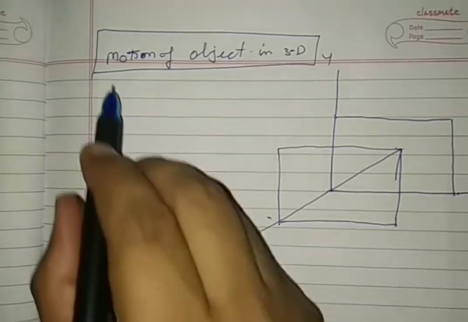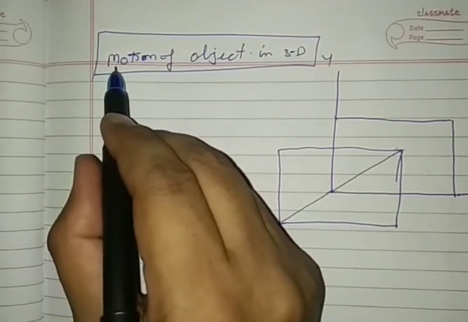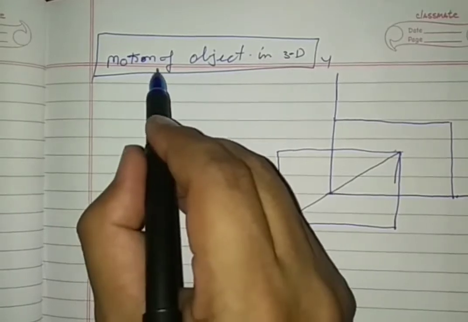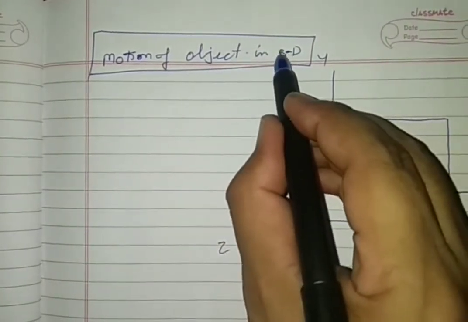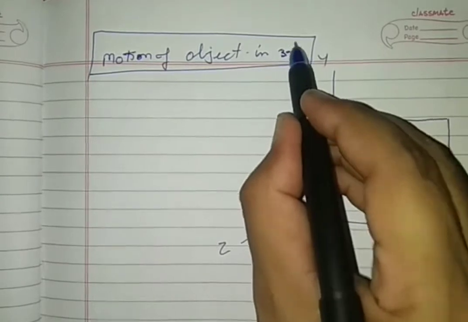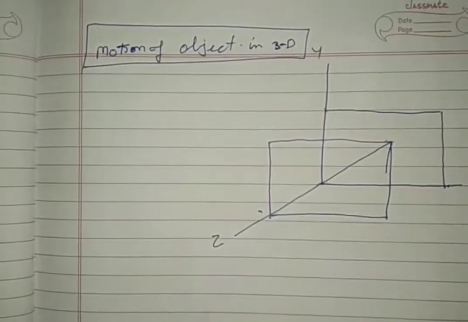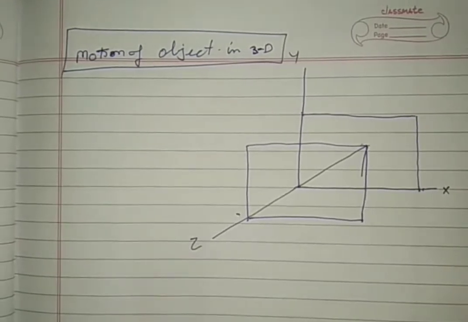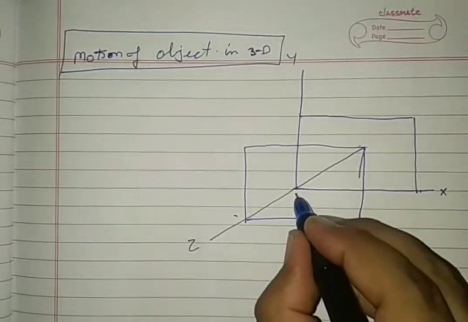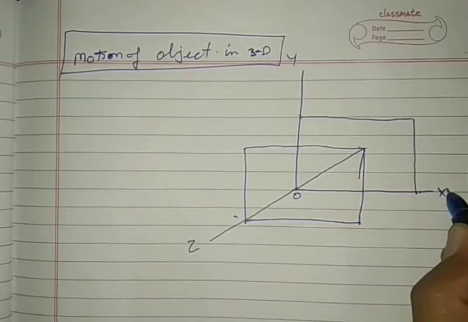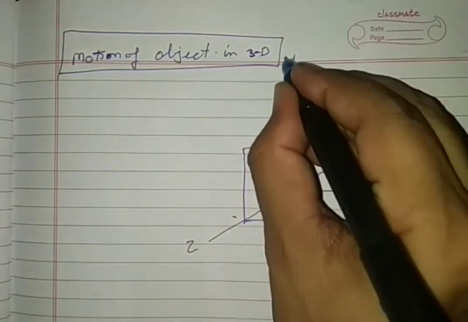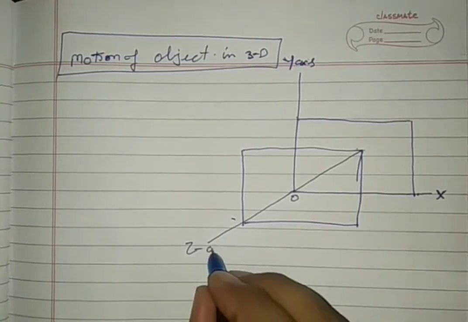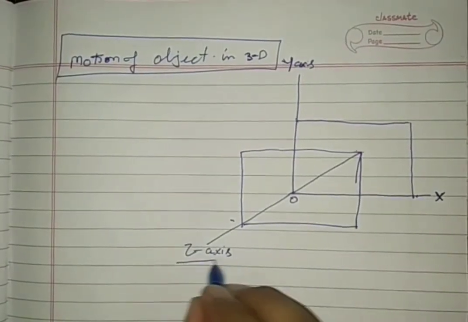Now we are going to see one more important topic here. In vector analysis, this is the motion of an object in 3 dimensions. See the concept of it very carefully, and students are always in confusion to understand it. See a frame of reference in 3 dimensions: x-axis, y-axis and z-axis.